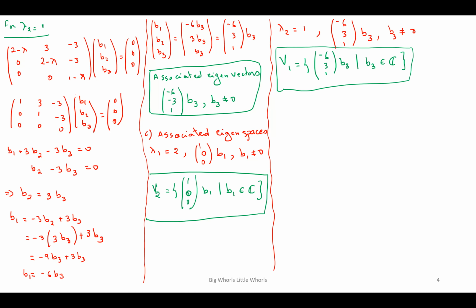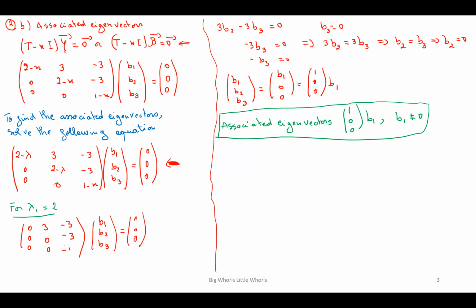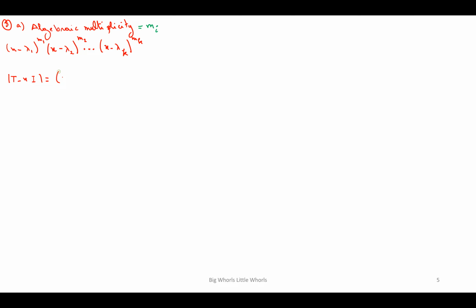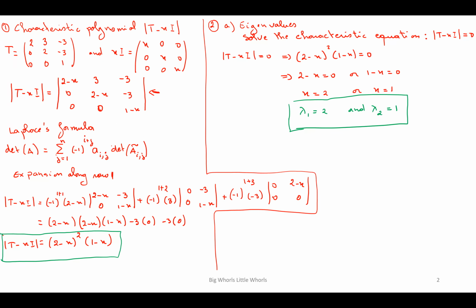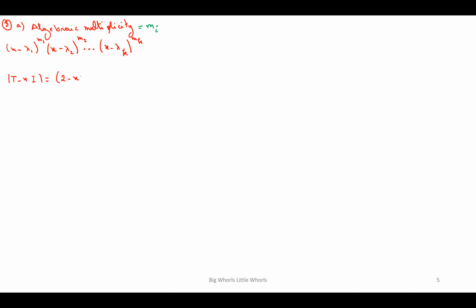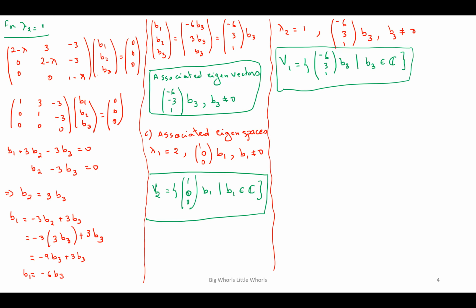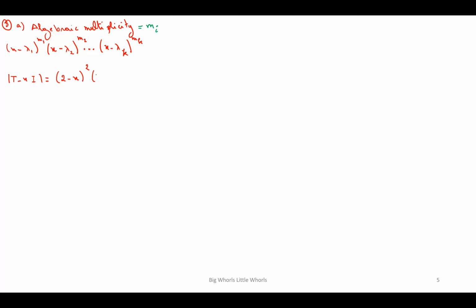Recall, it factors into (2 minus x) squared multiplied by (1 minus x).